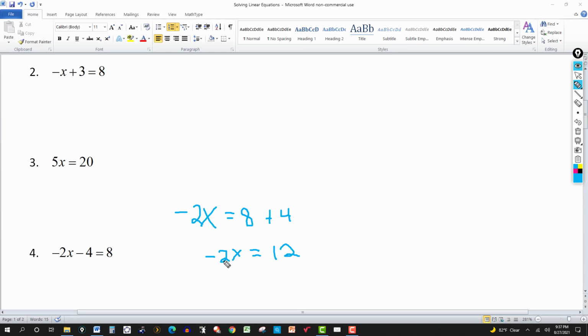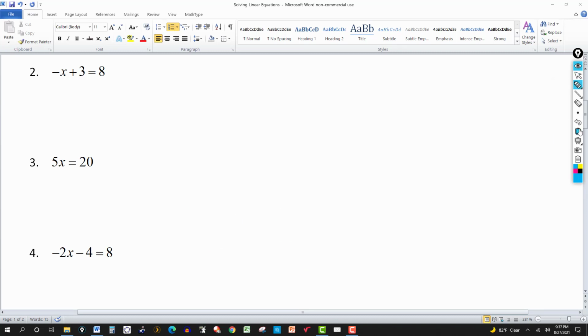And then again, if you have a number times x equal to a number on the right side, just divide the coefficient into that. So x will equal 12 divided by -2. It's positive divided by a negative, so you know the answer will be negative, and then 2 into 12 is 6. So we get x is equal to -6. Which is what we got a while ago. You can always pause the video if it's going too fast. Just pause it, rewind it, and watch it again.